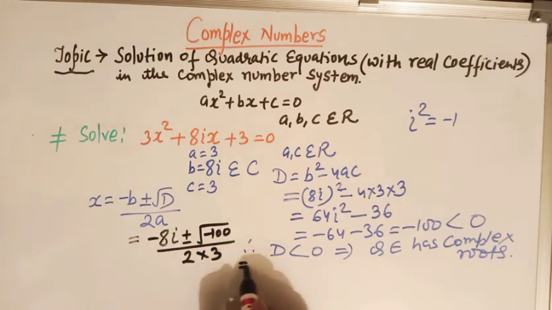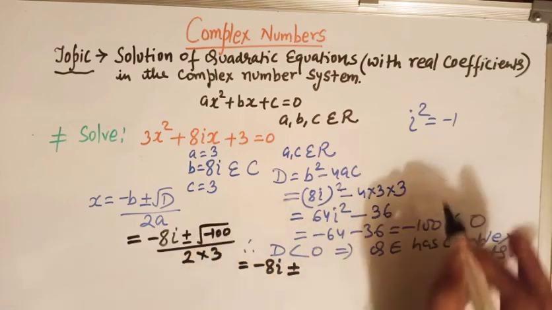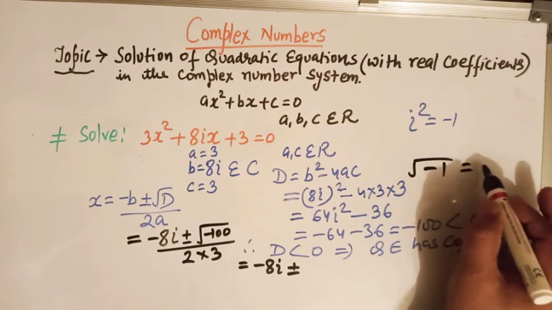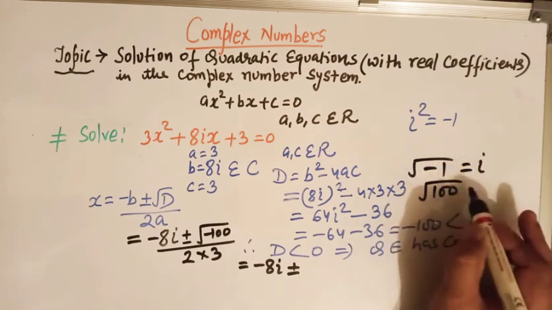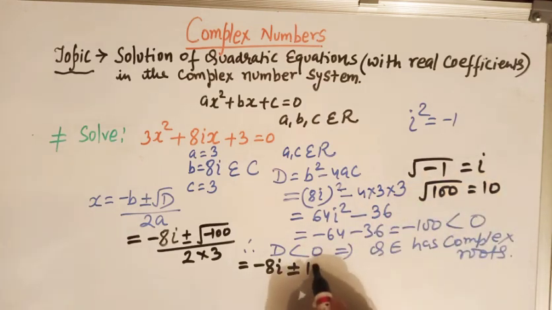Now this can be written as minus 8 iota plus minus, and we know that the square root of minus 1 is iota, and square root of 100 is 10. So this is 10 iota, divided by 6.